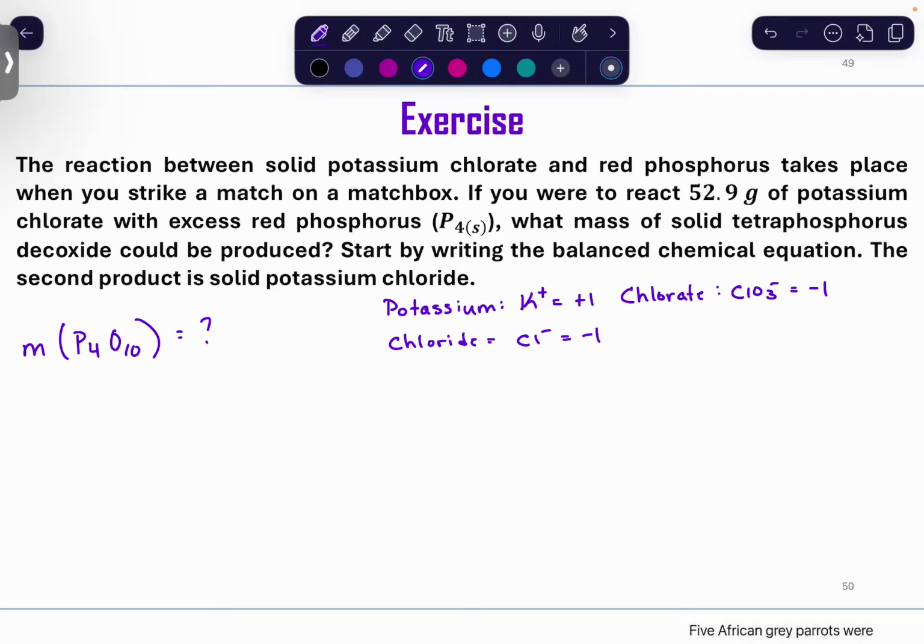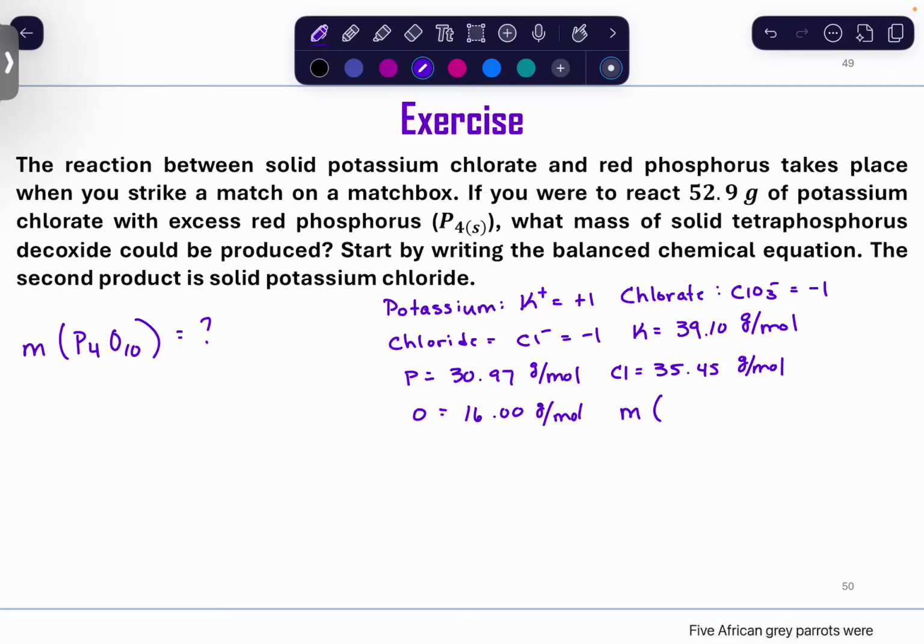I'm doing calculations, so I'm also going to need my molar masses of each element. Okay, and then I'm told that my mass of potassium chlorate is going to be 52.9 grams. So these are a bunch of knowns that are going to help me solve the problem.